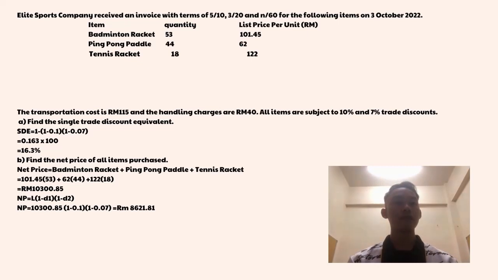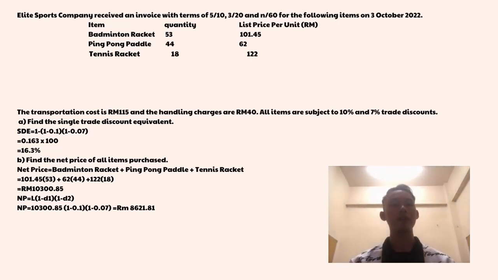So we need to find the SDE, which is SDE equals 1 minus (1 minus 0.1)(1 minus 0.07) equals 0.163 times 100 equals 16.3%.